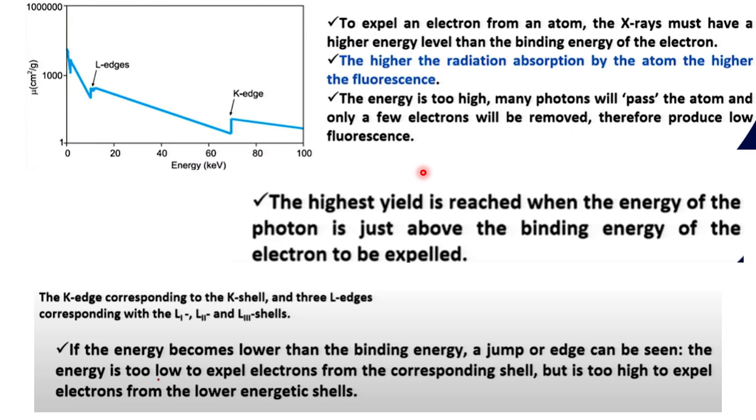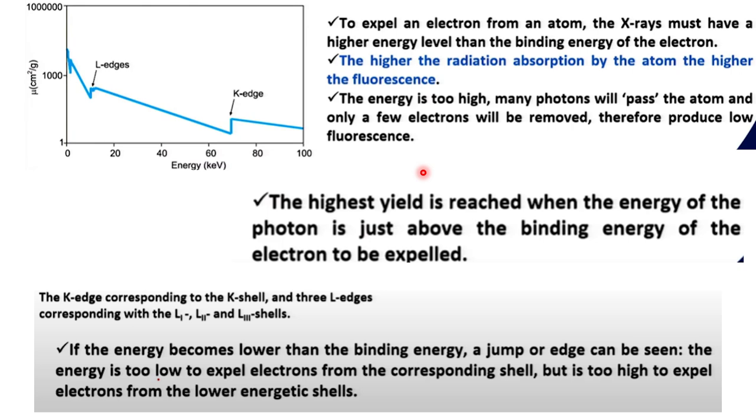So if the binding energy of the K shell, let's say, is 5 electron volt, you cannot irradiate the material with 10 electron volts. You just provide energy a little bit higher than the 5, so maybe it is 5.1 or 5.2, then only you will get the better or higher intensity X-ray.